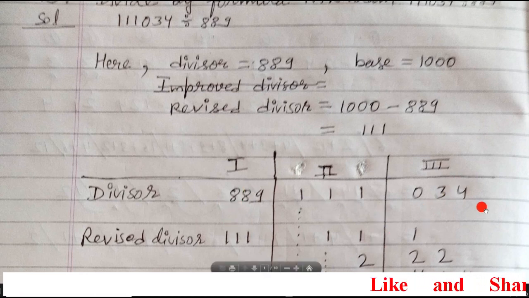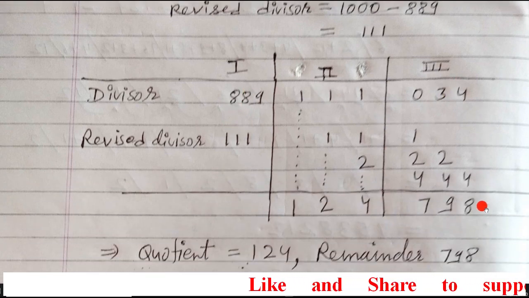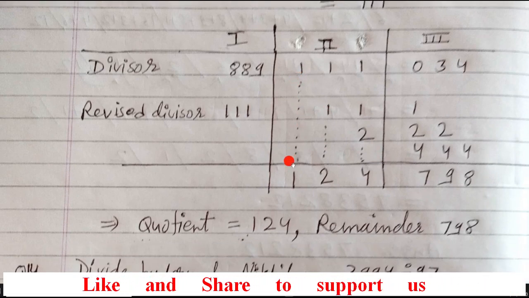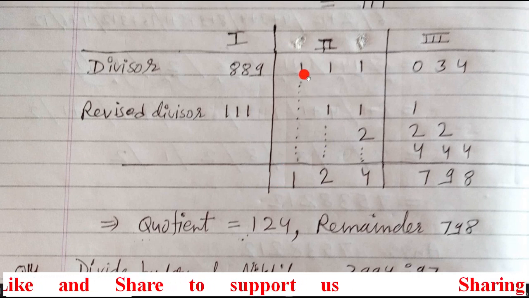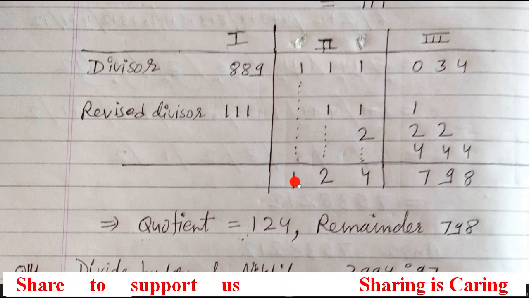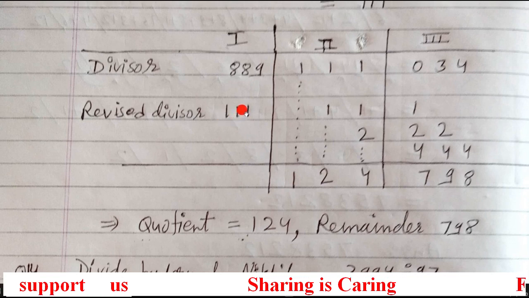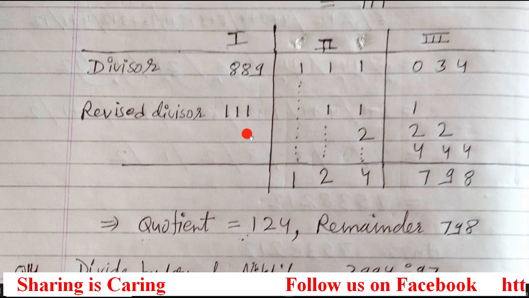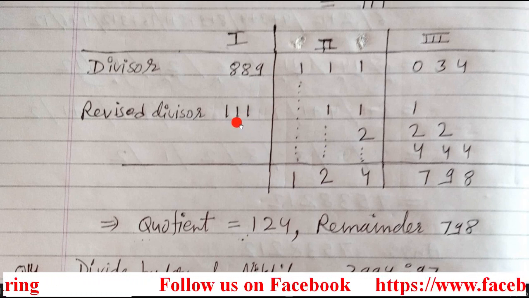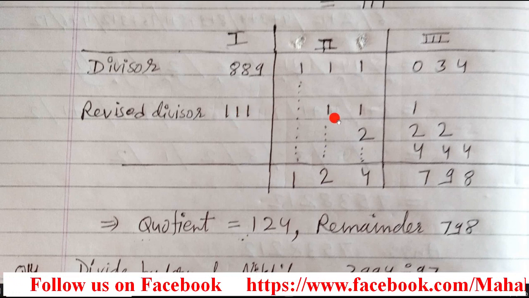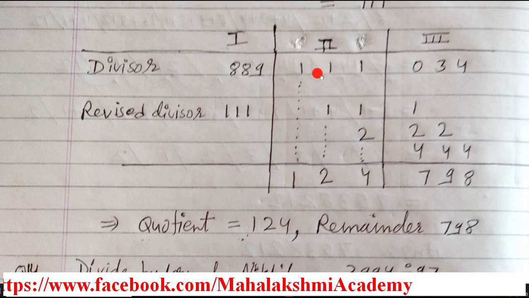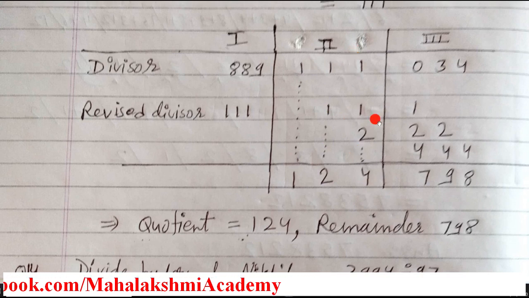Now the remaining process we will start. Here in the Nikhilam method of division, whatever the first number is, you have to write it down as it is, without any changes. Now this 111 multiplied by 1. When you multiply 111 by 1, you will get 111 again. That 111 you have to enter here column-wise. So this is your first column, this is your second column, then third column, fourth column, fifth column, sixth column.